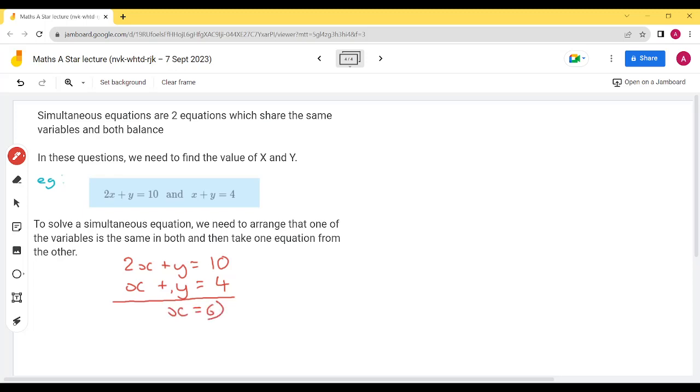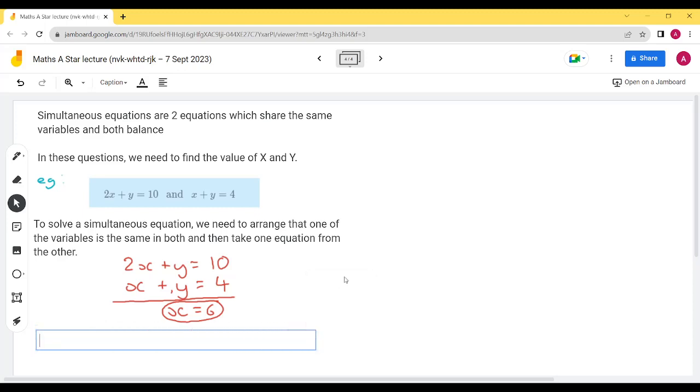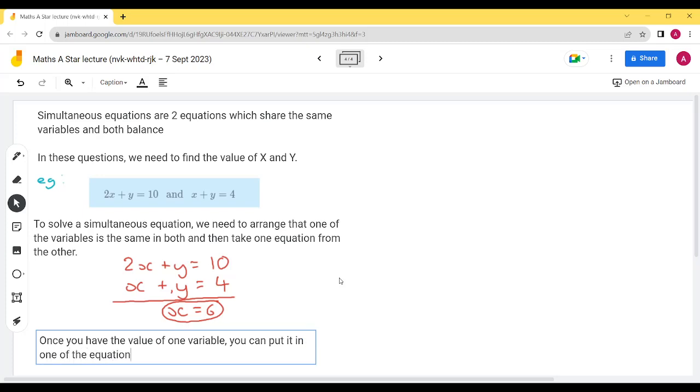In this case, it's relatively straightforward because they've given us lovely values. We don't have to do any rearranging. Then, once you have the value of one variable or unknown, you can put it in one of the equations and solve to find the other.